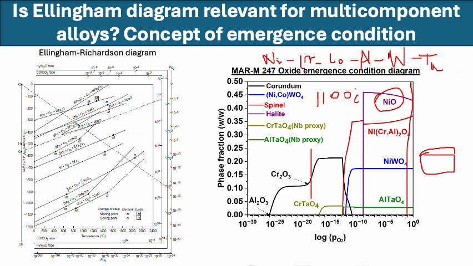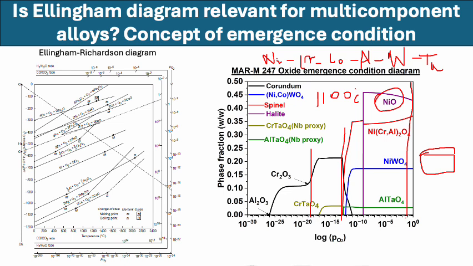Up to this I can form aluminum oxide, and then there is chromia here. You can form chromia, and in this range we can also form chromium tantalate. Below 10 power minus 25 we cannot form alumina at all. Alumina will not oxidize at all.